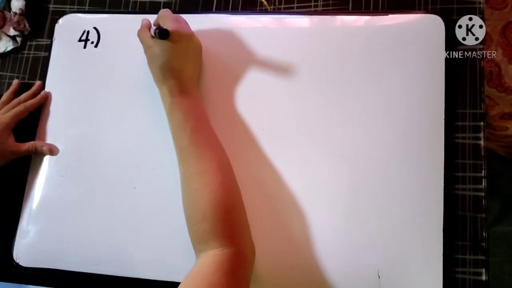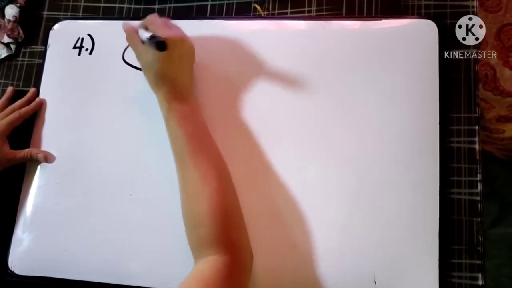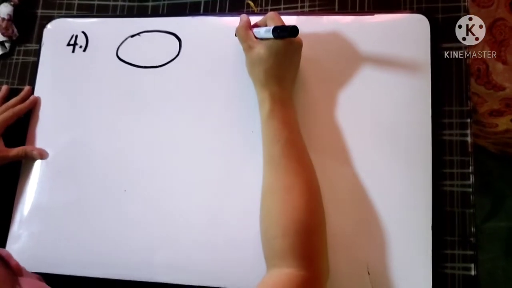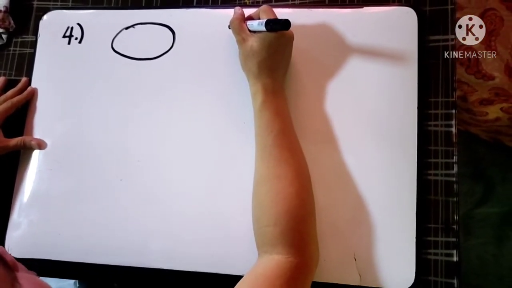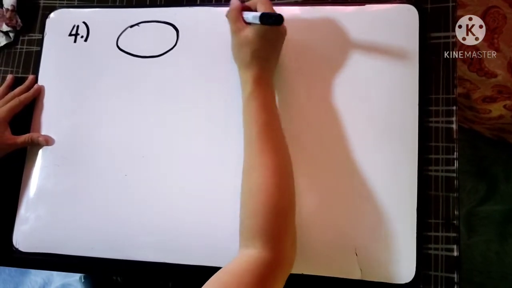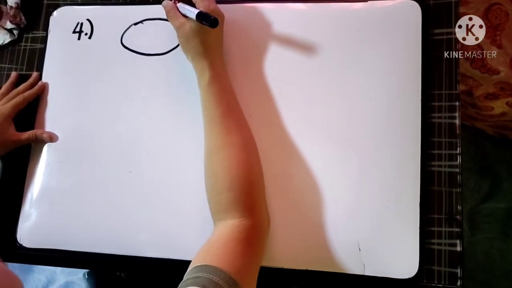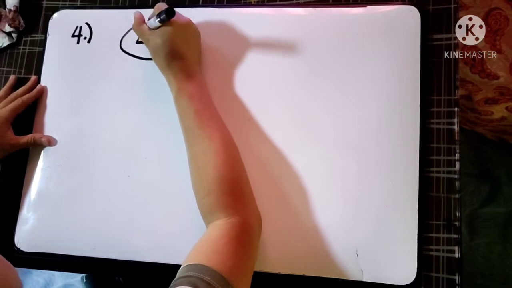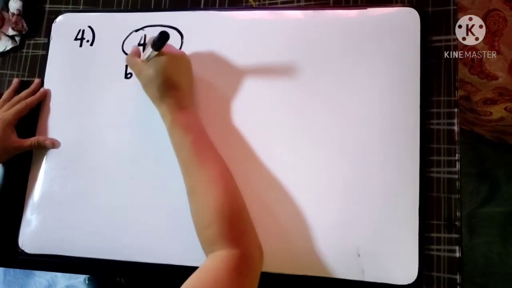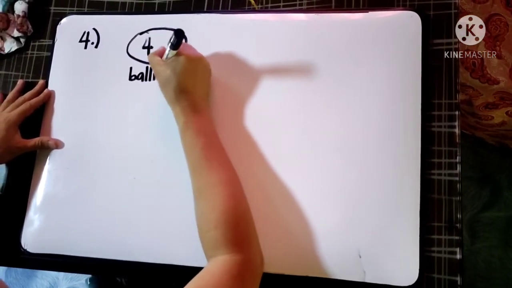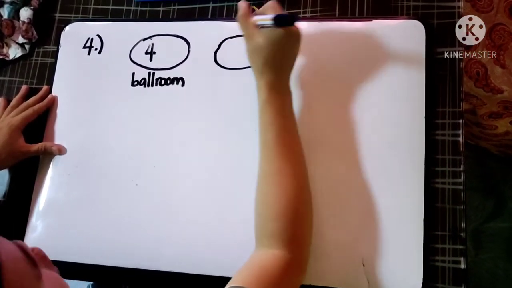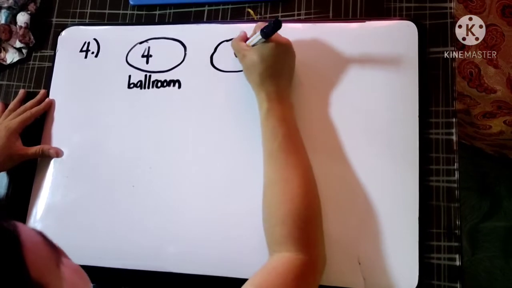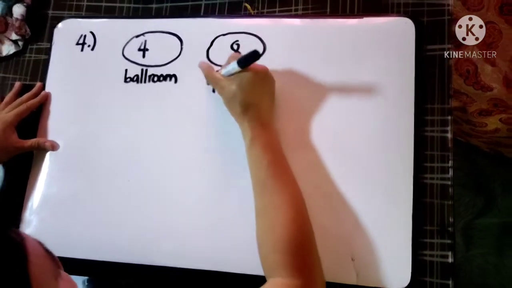That means they need to choose one from the 3 different choices or 3 kinds of dance. So the first kind of dance is ballroom dance. So you have 4 choices for the ballroom. And the dance group has 8 choices for the foreign.